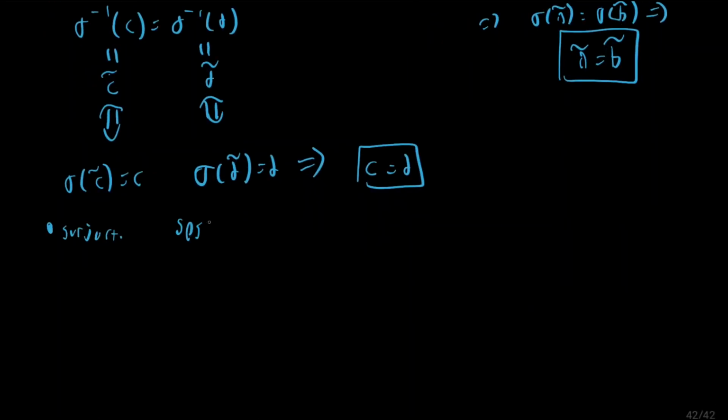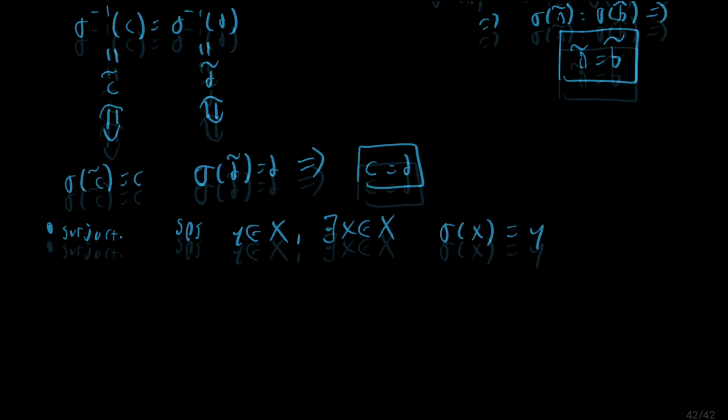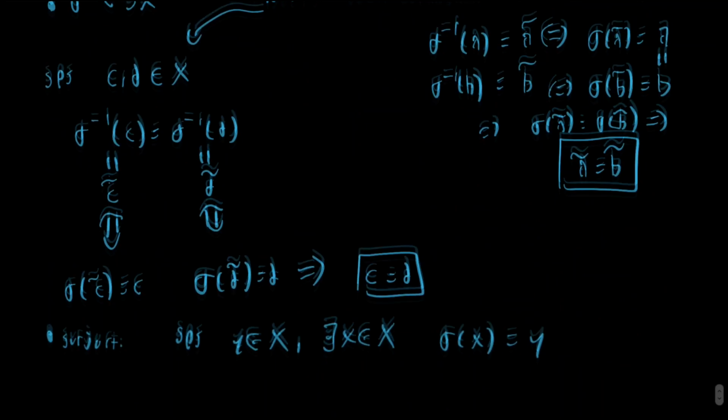So suppose we have an element y in X. Well, then we know that sigma is surjective, so there exists an x in X such that sigma of x is going to be equal to y. But what about sigma to the minus 1?